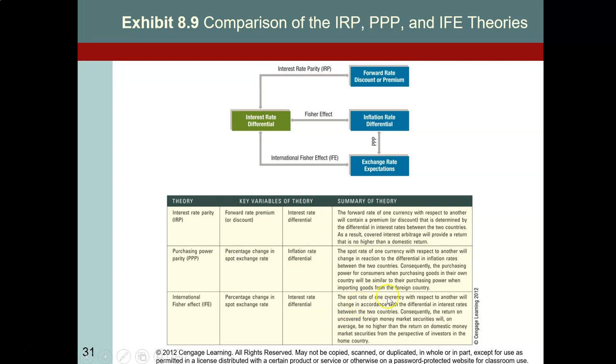The spot rate of one currency with respect to another will change in accordance with the differential in interest rate between the two countries. Consequently, the return on uncovered foreign money market securities will, on average, be no higher than the return on domestic money market securities from the perspective of investors in the home country. So this is comparing the definitions of these three theories.